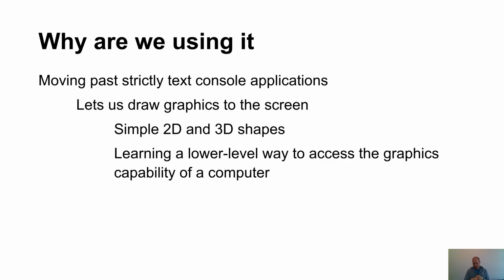So why do we need it? For the computer to render non-text to the screen, we'll talk about this much deeper in the future, but you need to create a pixel buffer of some kind.